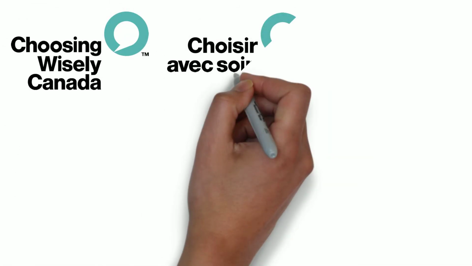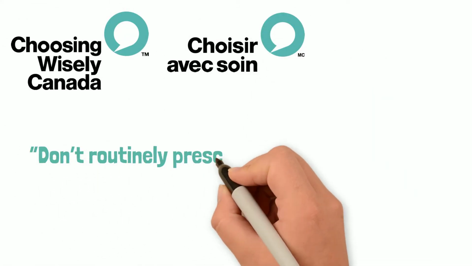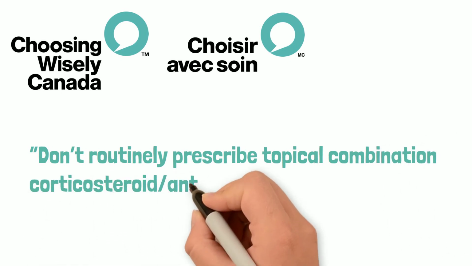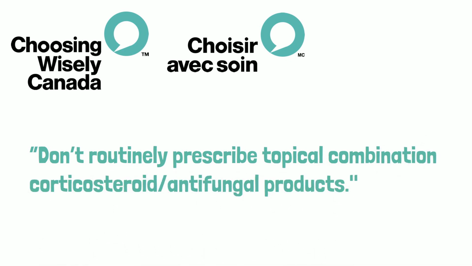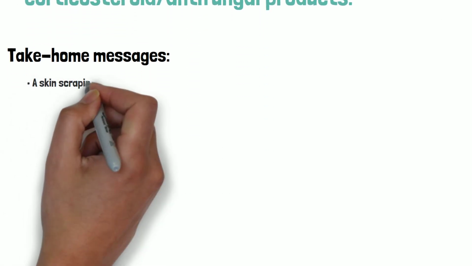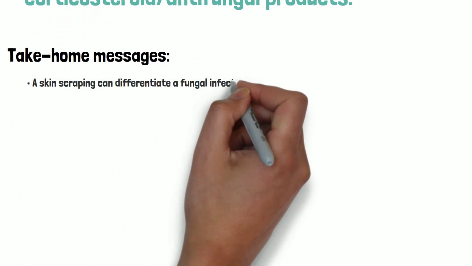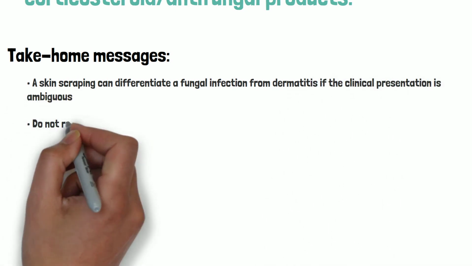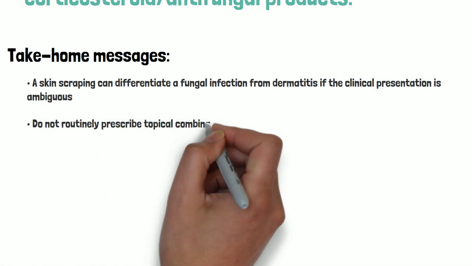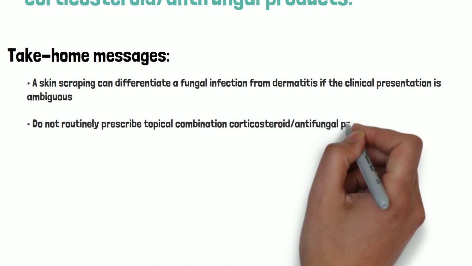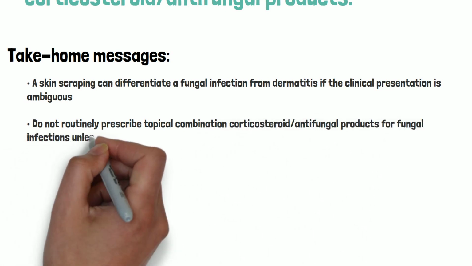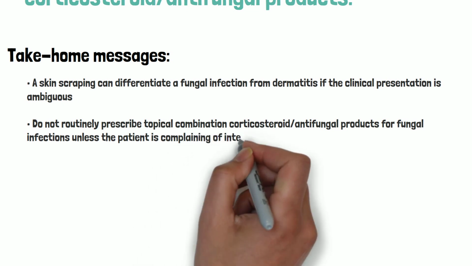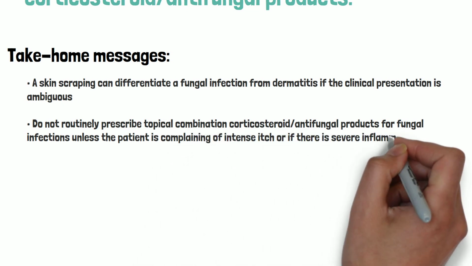From this video, we hope you understand the CWC's recommendation of don't routinely prescribe topical combination corticosteroid antifungal products. The take-home messages of this video are: a skin scraping can differentiate a fungal infection from dermatitis if the clinical presentation is ambiguous. Do not routinely prescribe topical combination corticosteroid antifungal products for fungal infections unless the patient is complaining of intense itch or if there is severe inflammation.